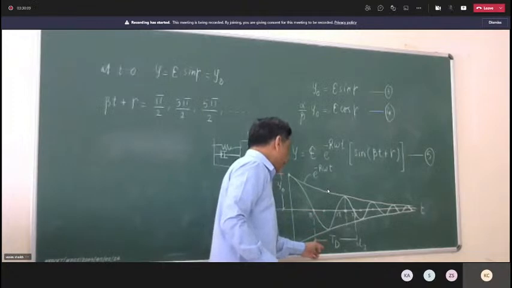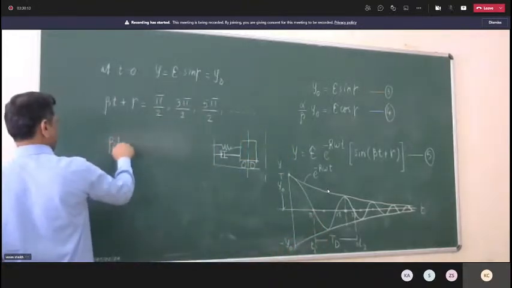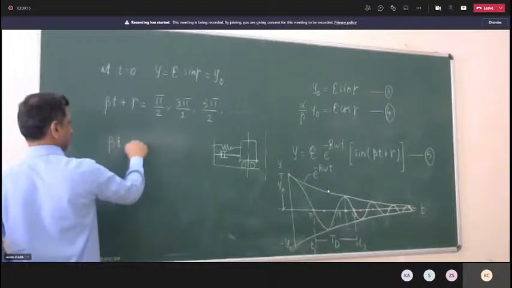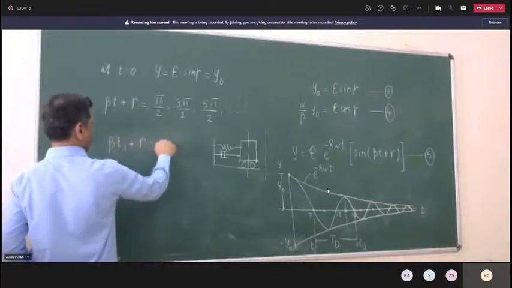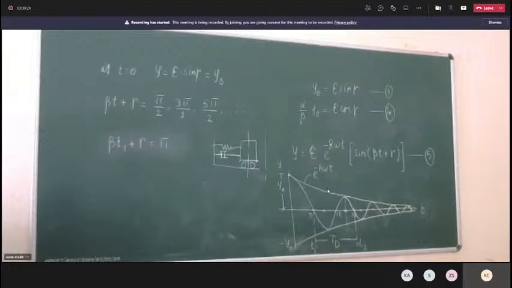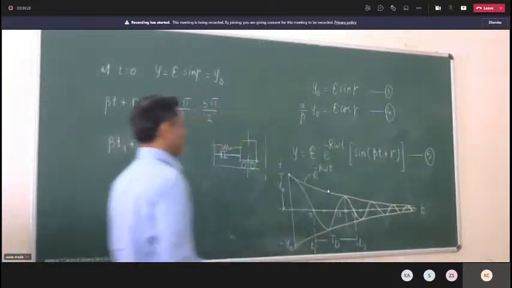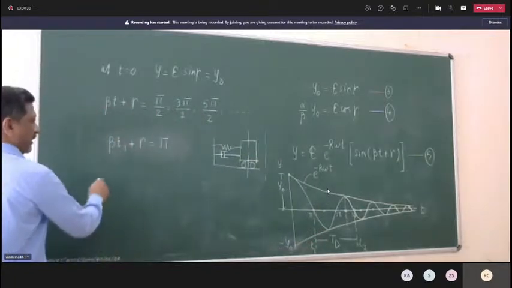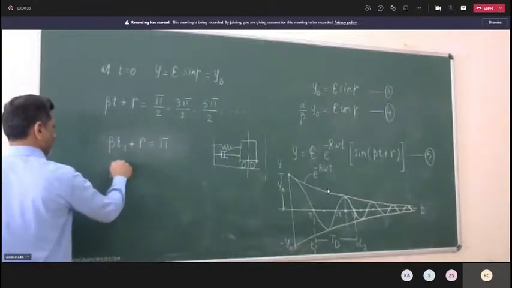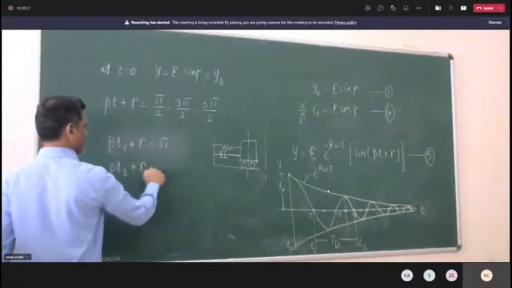Here at T1, beta T1 plus gamma is equal to pi. Do we agree? Sin pi is 0. And similarly, beta T2 plus gamma is 2 pi.